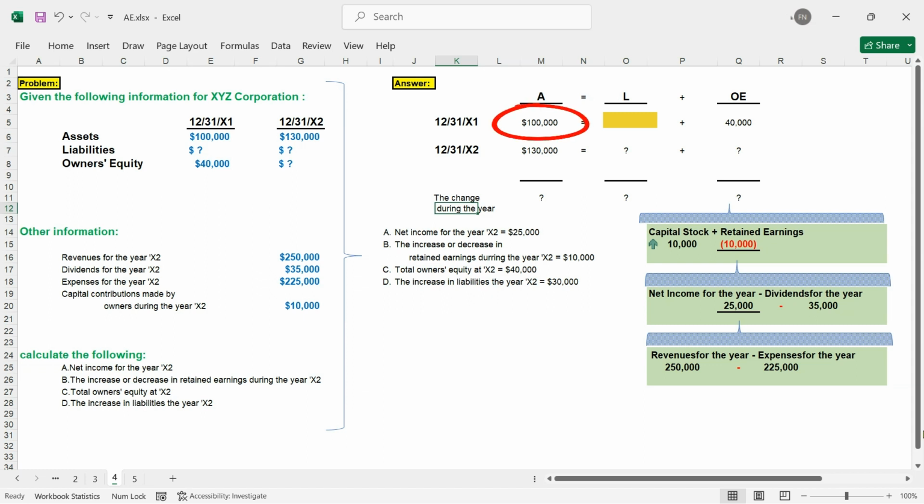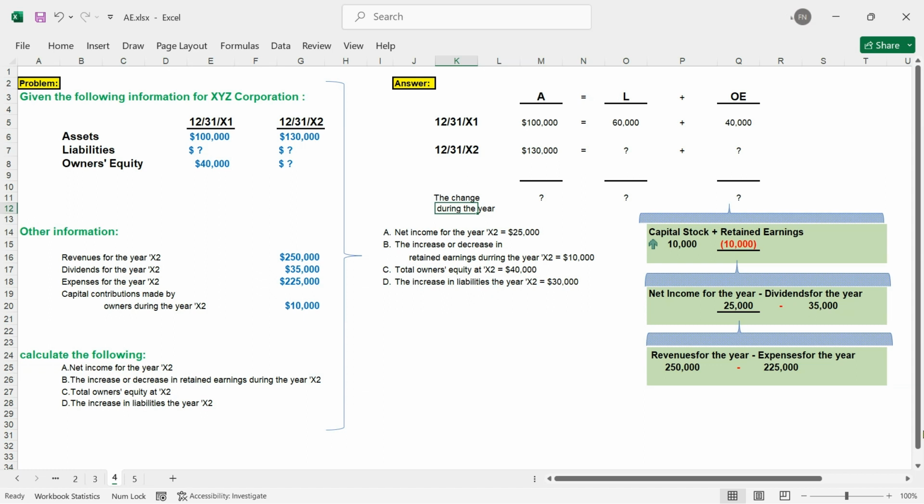They didn't give us any information about liabilities, but they did tell us that owner's equity amounted to $40,000. And by the way, I can now solve for that beginning balance of liabilities. Since I know that assets amount to $100,000 and that must be equal to liabilities plus owner's equity, then liabilities must be $60,000 given that owner's equity is $40,000.